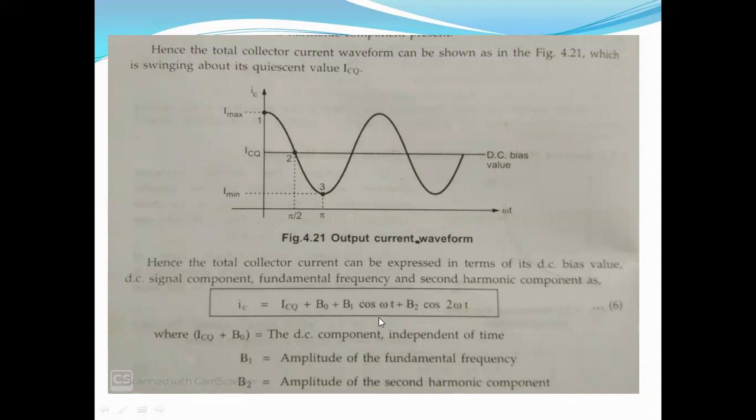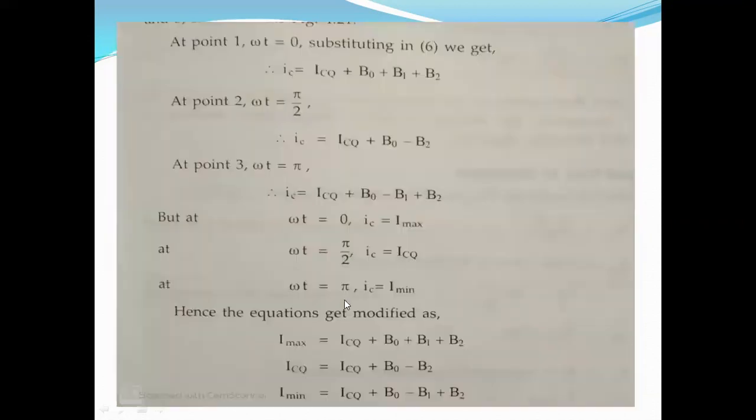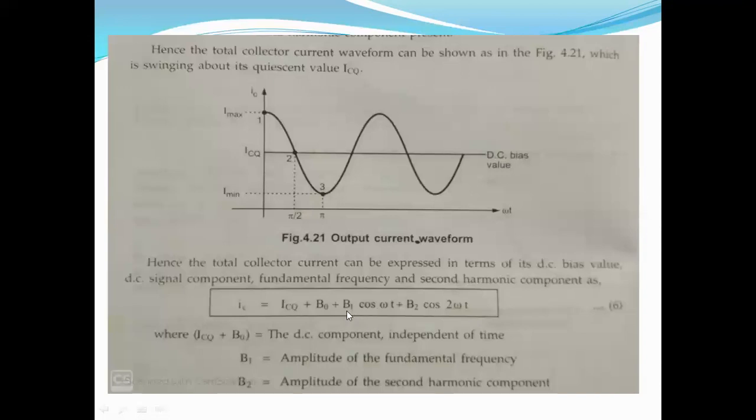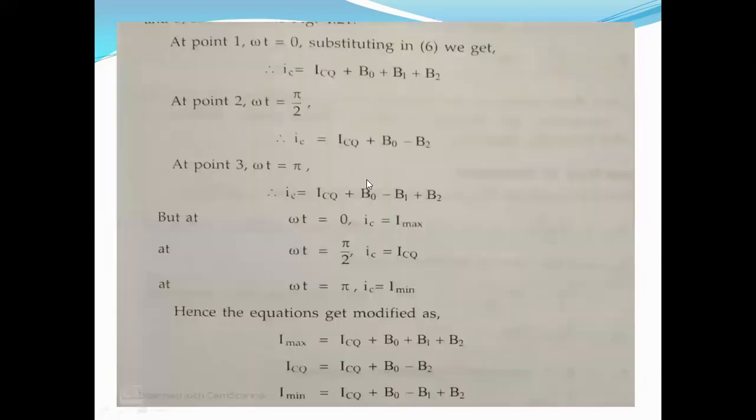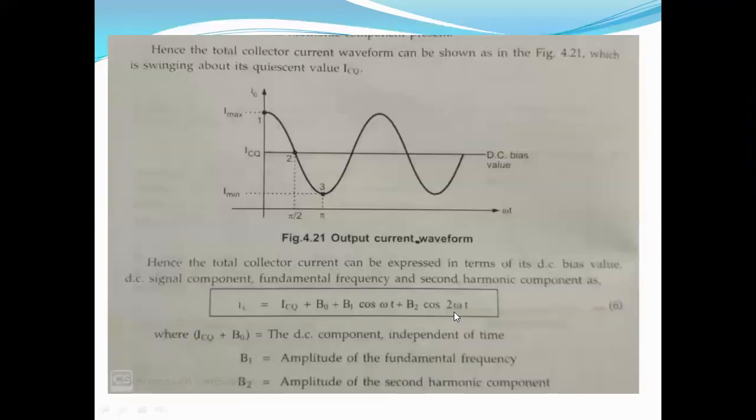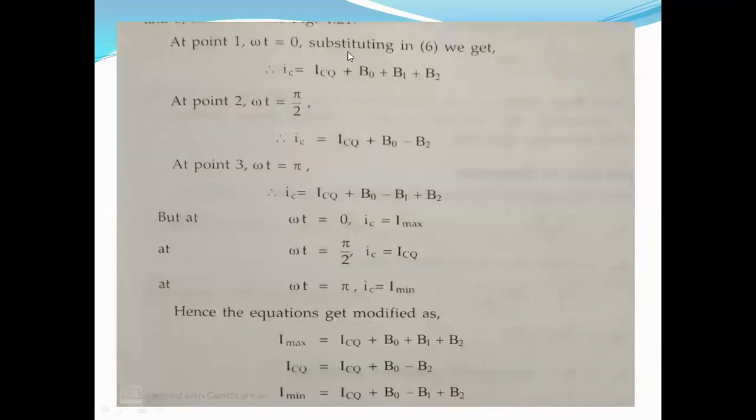Cos 90 is 0, so the B1 term is 0. Here we have 2 into 90, that is 180, and cos 180 is minus 1, so minus B2. The equation becomes IC is equal to ICQ plus B0 minus B2. Consider this as the second equation.